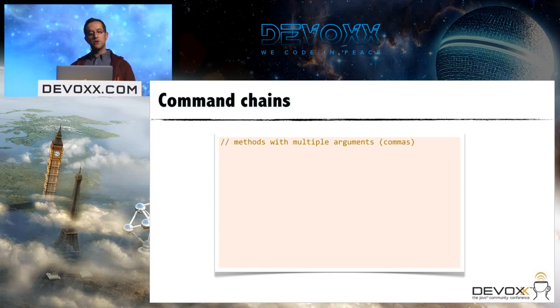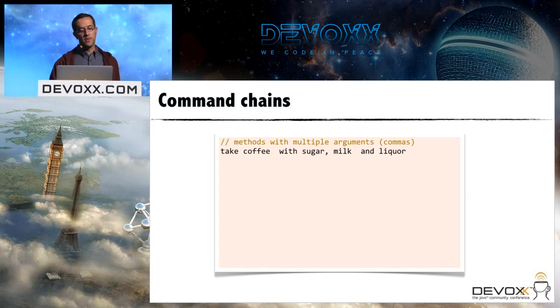Let me show you some other examples of what you can write with that little syntax enhancement. The two notations, where I add the parentheses and dots back, are totally equivalent. When you run that, it's really the same behavior. It's really just syntactic sugar, if you will. Speaking of sugar, take coffee with sugar, milk, and liquor.